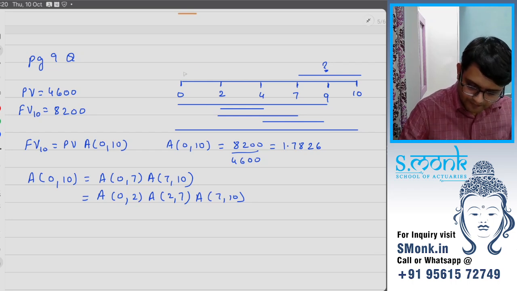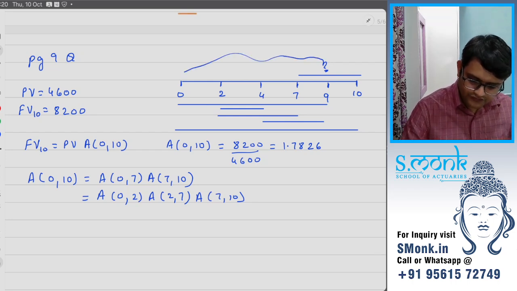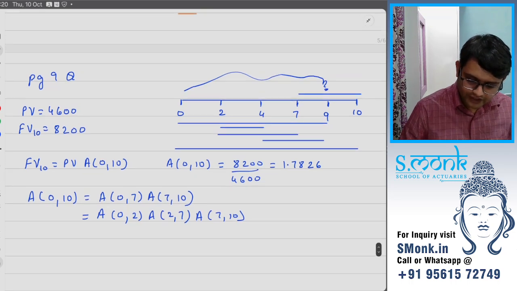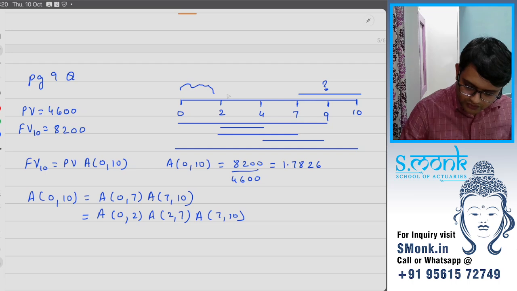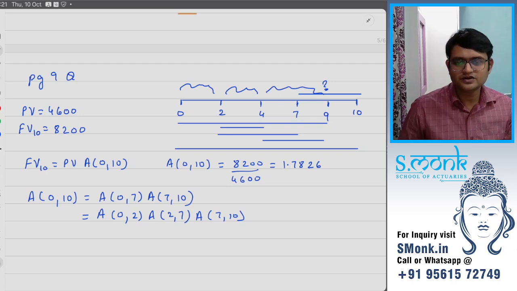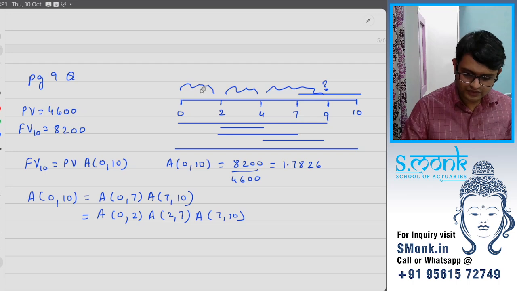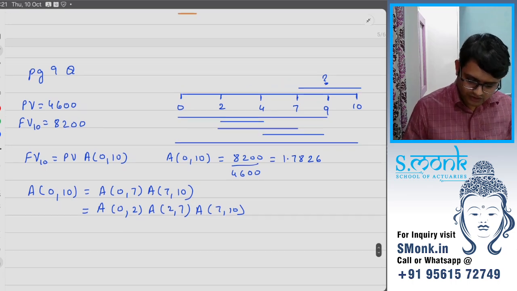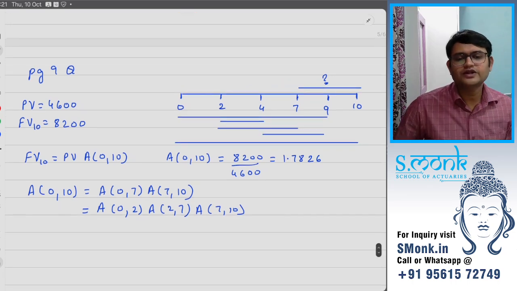If you see 0 to 9, we do have that already. We can split that into 0 to 2, then 2 to 4, and then 4 to 9. You can see the lines below. So using that, I will be calculating 0 to 2.